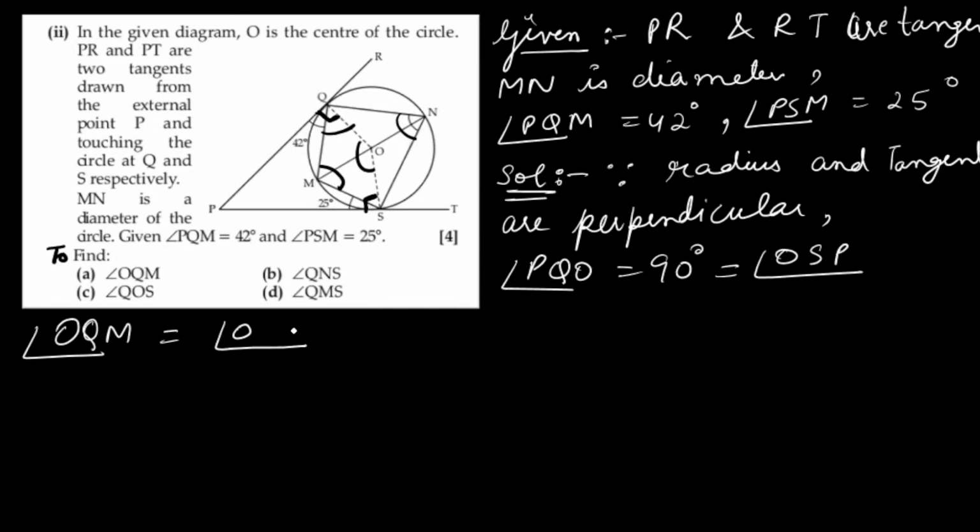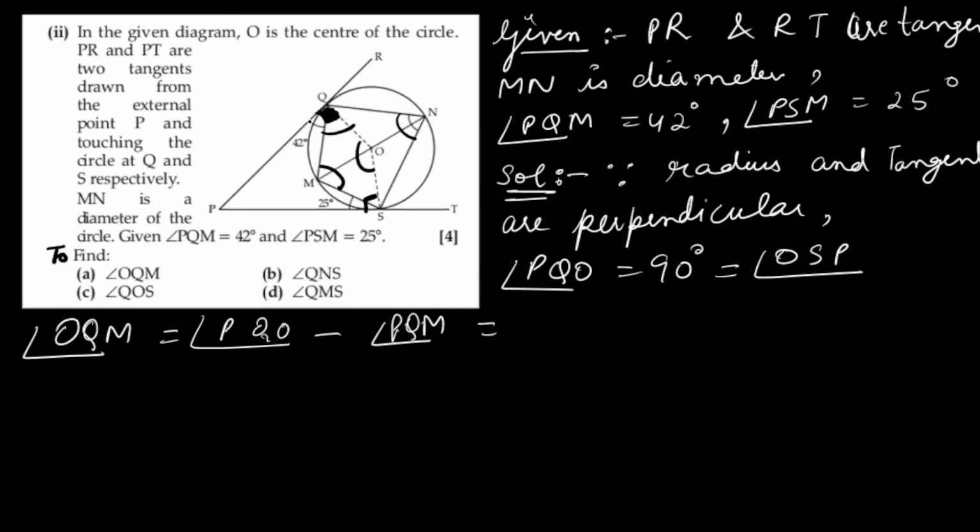Angle PQO minus angle PQM. See, from total 90 degree, this angle is 90 degree.